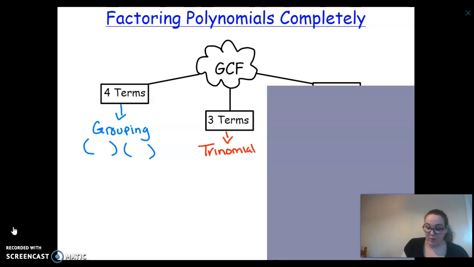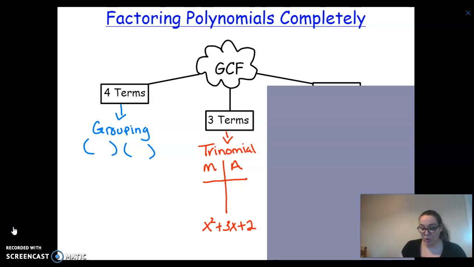Trinomial means that I am going to find what multiplies to and what adds to. I'm going to make that Ma chart and try to factor it by finding what multiplies and adds.